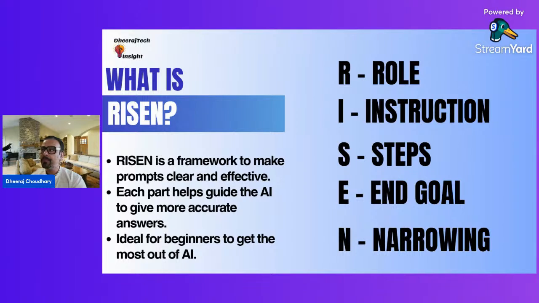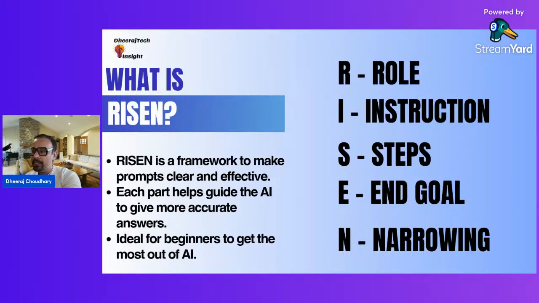And in narrowing, we are saying that you don't have to do all these things. Based on the end goal, we give other comments saying that you don't have to go here, you don't have to go here. So it does not deviate from the topic and gives you the exact result that you are looking for.